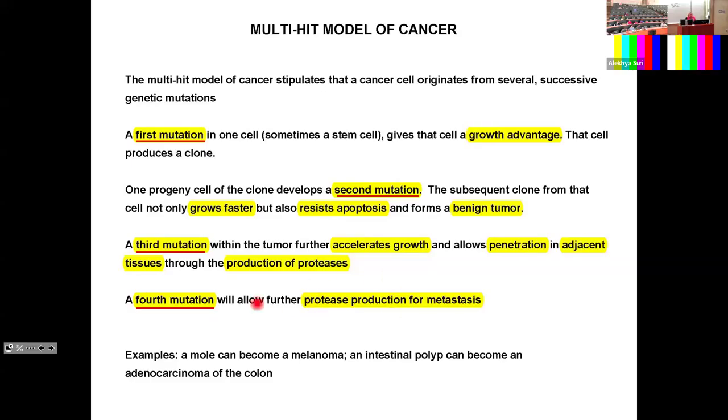Some examples, which we are going to see in the next slide, are that a mole can become a melanoma, right? And an intestinal polyp can become an adenocarcinoma of the colon. So that is why it's so important. Nowadays, we have more technology and more awareness to tell people to go to the doctor.